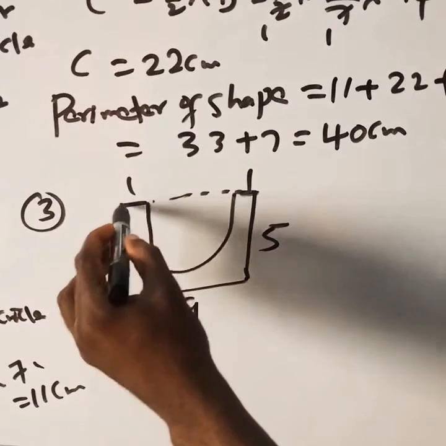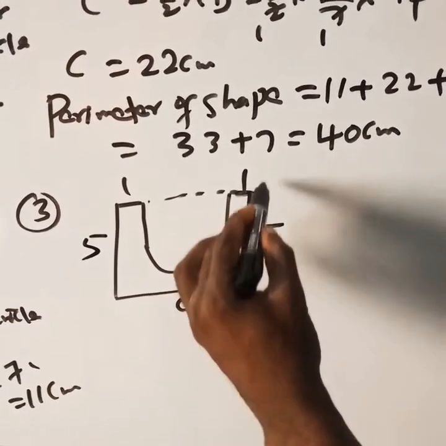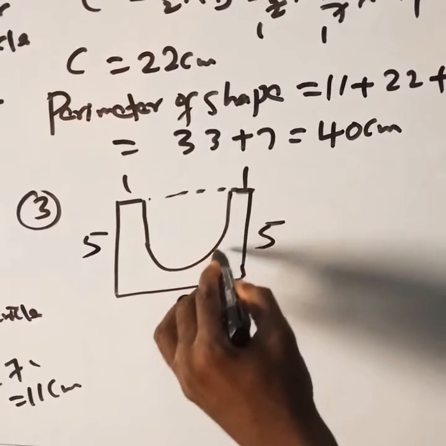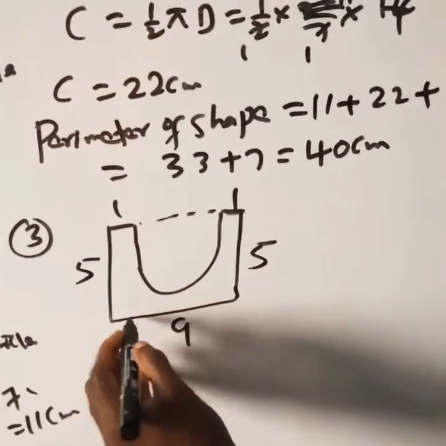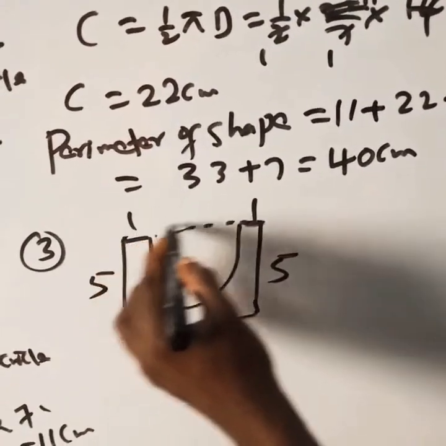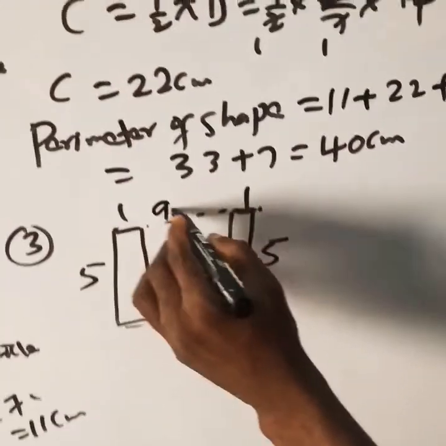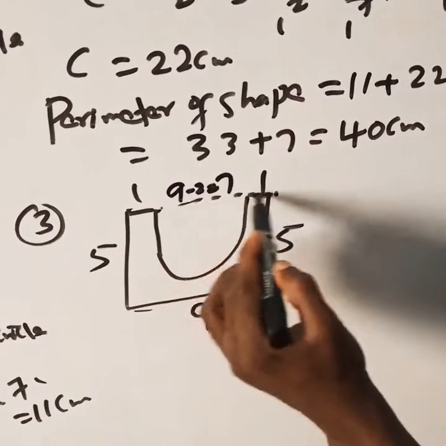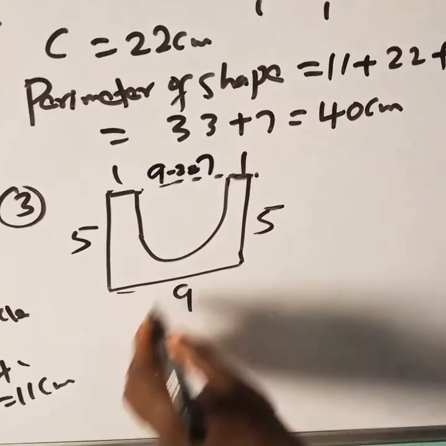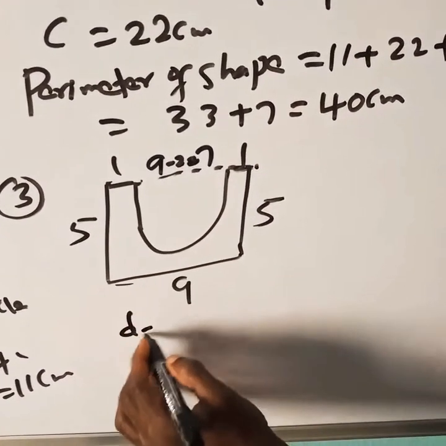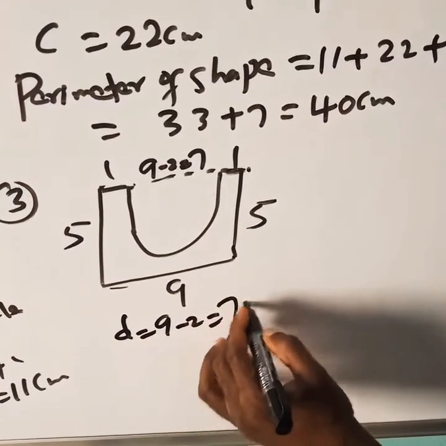So the perimeter will be 1 plus 5 plus 9 plus 5 plus 1 plus the perimeter of this semicircle. Since here is 9, from here to here will also be 9. So 1 plus 1 is 2, and 9 minus 2 will give you 7. So the diameter is 7 centimeters.